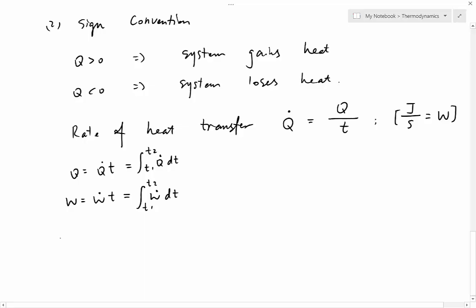And then if there's no heat transfer, then heat transfer must be equal to zero. And it has a name, adiabatic. If you see the word adiabatic, that means heat transfer is equal to zero.